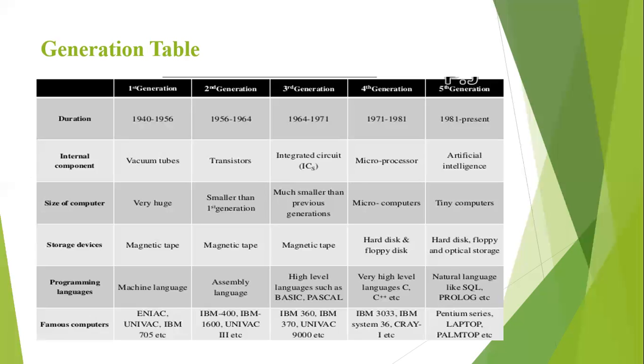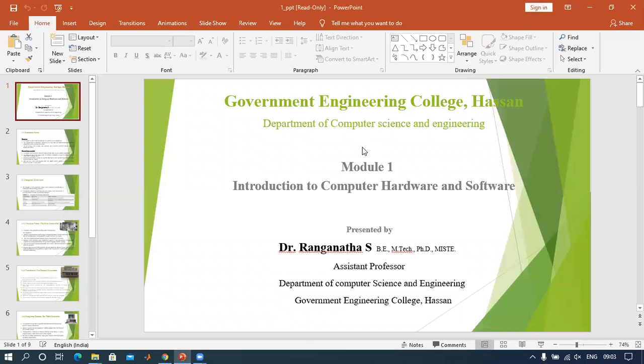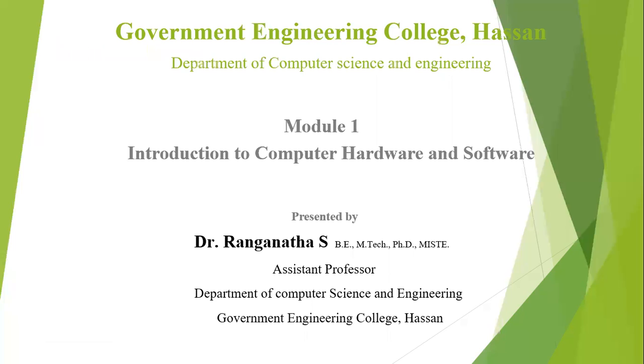Okay, so in today's class, we have discussed what a computer is, and generations of computers. A computer is an electronic device, what it can do, what the components are, and the different generations from roughly the 1940s to the present era.